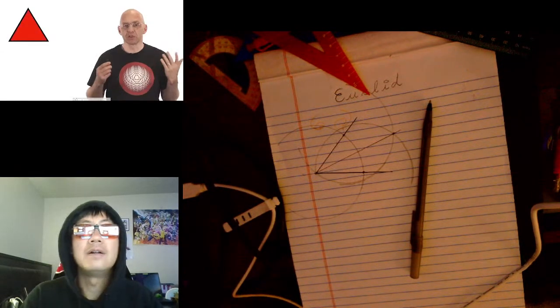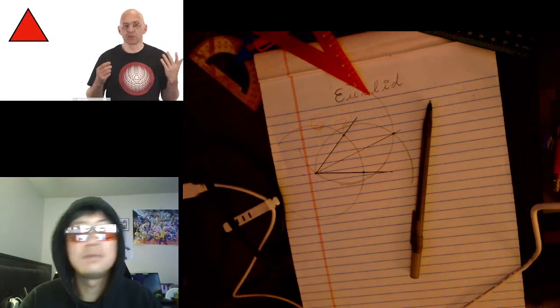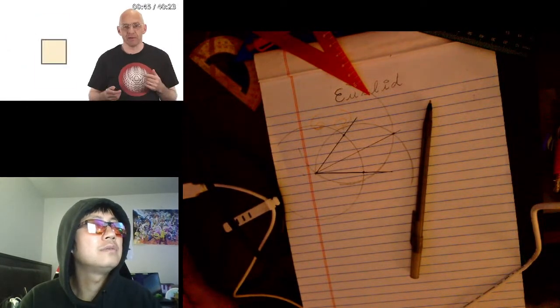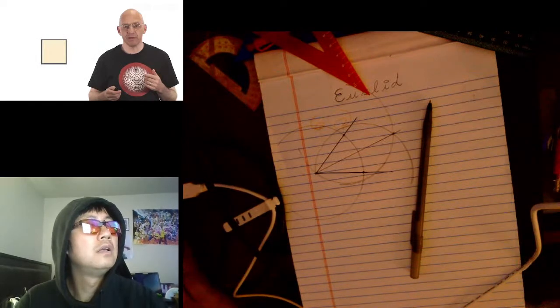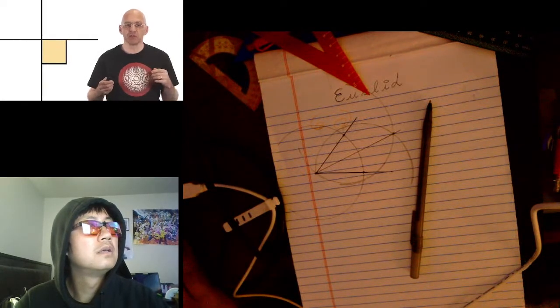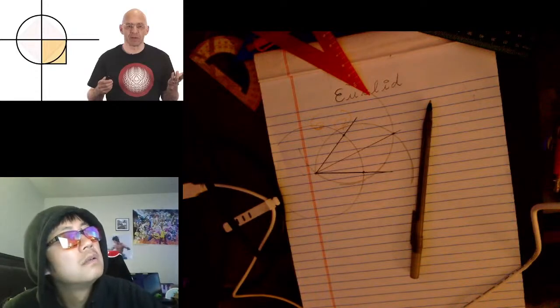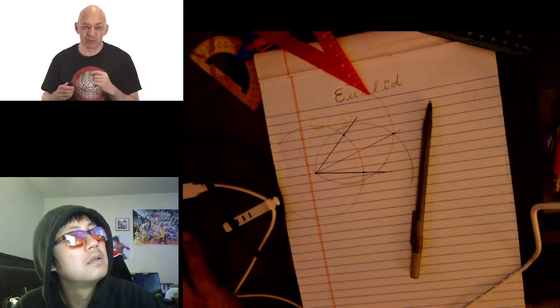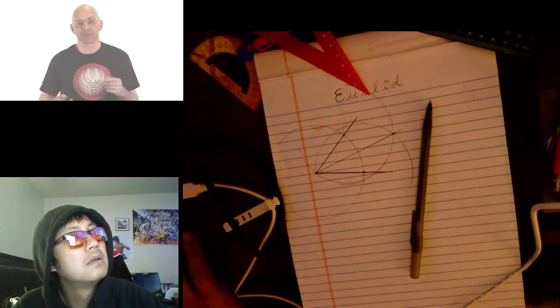All right, wait. I didn't really do the first one here. What was the first one? We could construct a new square of twice the area. Huh. Using just the most basic mathematical tools, the ruler and the compass.